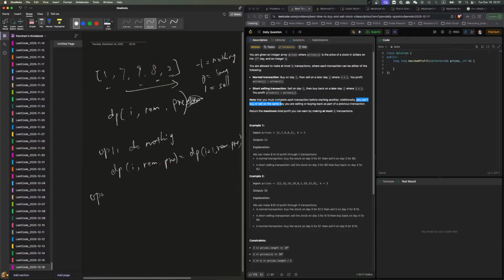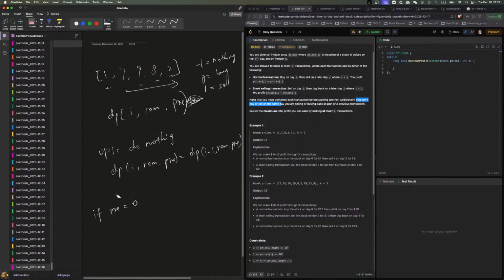So option 2, we want to buy. If previous is buy, then, no, it depends on the previous, right?